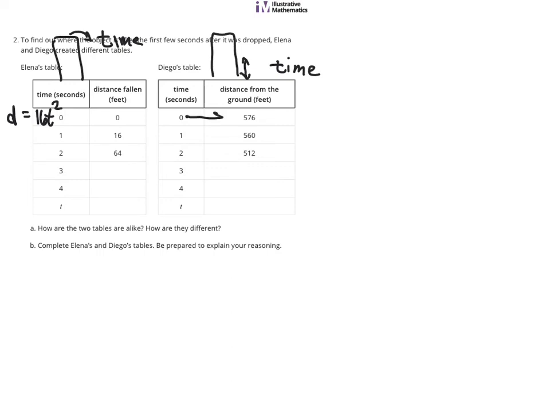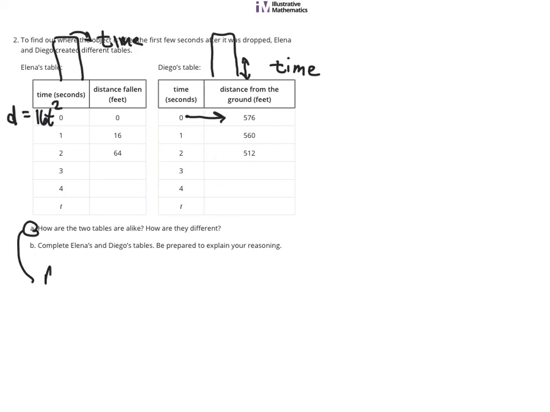They recorded measurements done from opposite ends. Okay, Alina's table starts with 0 feet for 0 seconds, and Diego starts with 576 feet for 0 seconds. Okay, that's our only difference.